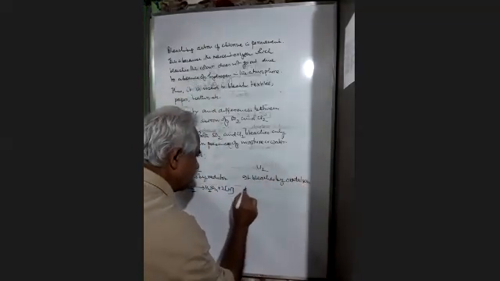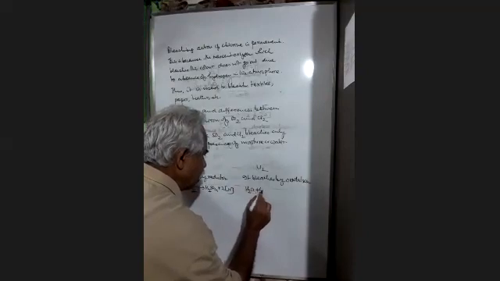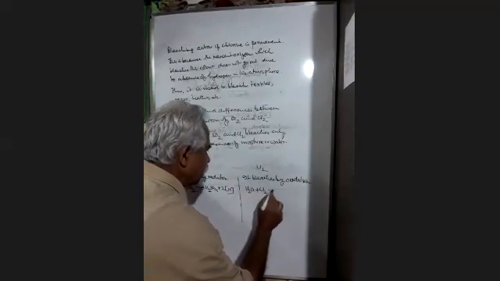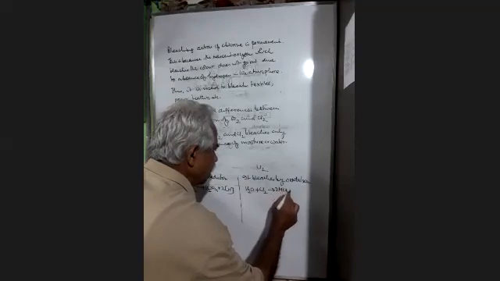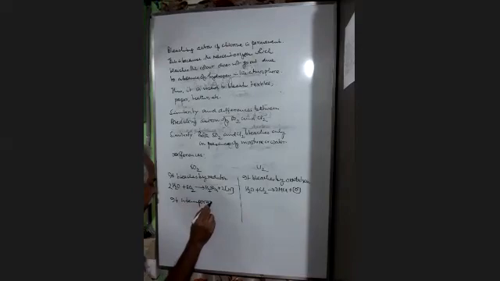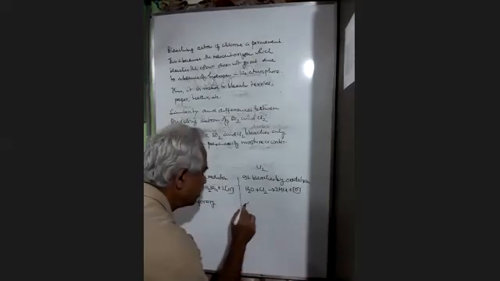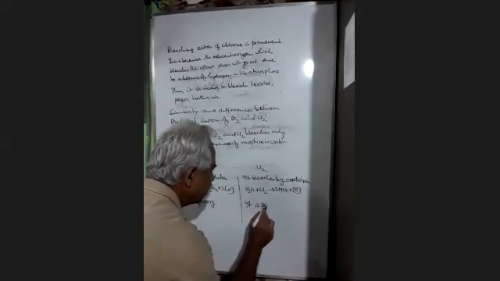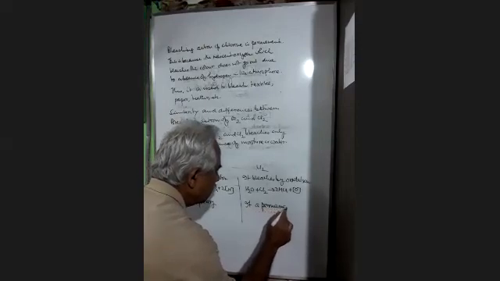So it is H2O, Cl2, 2HCl. This is by oxidation. Second, it is temporary. It is permanent. So these are the two differences.